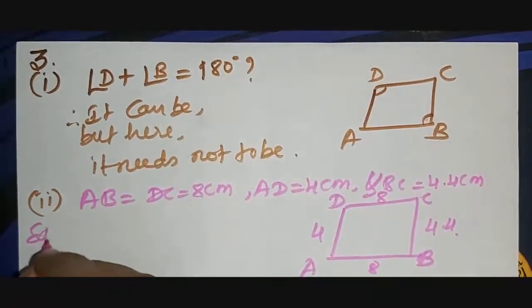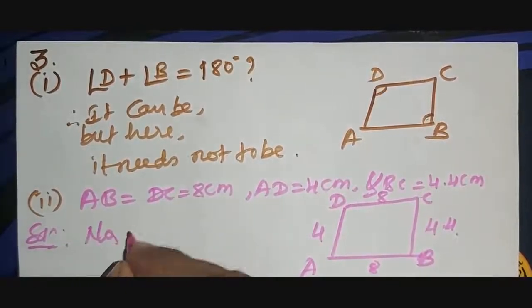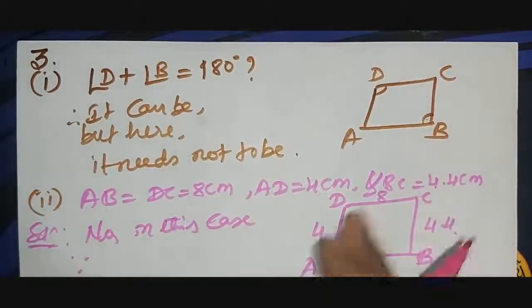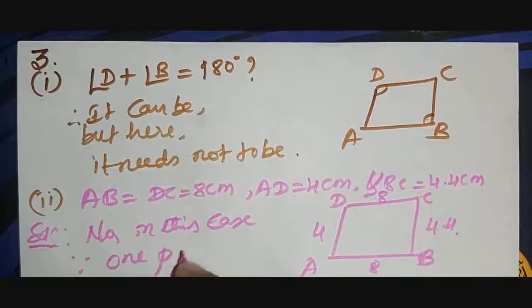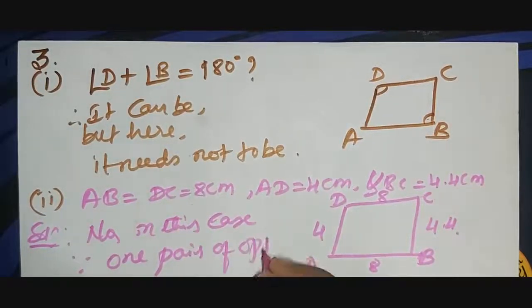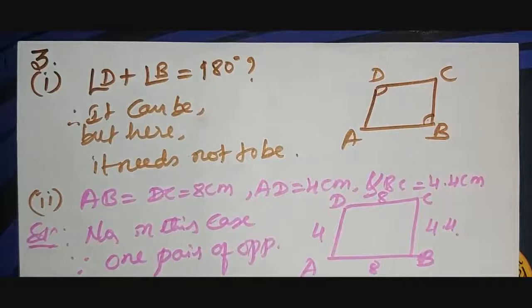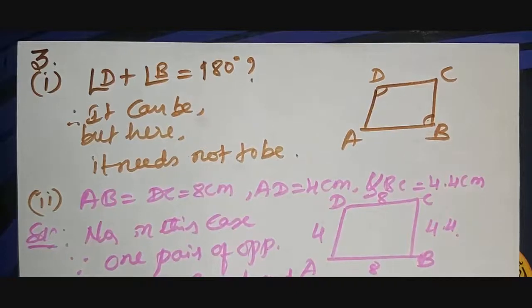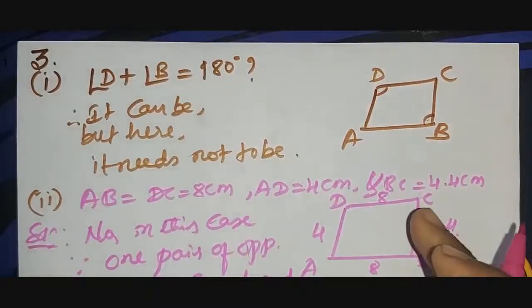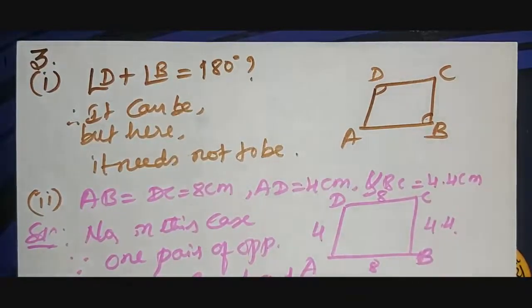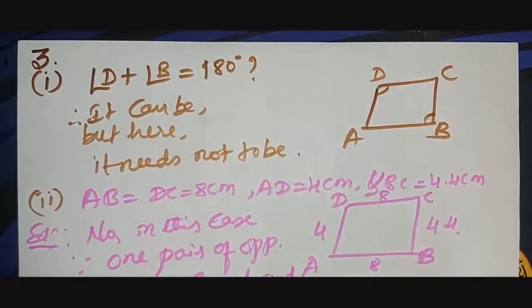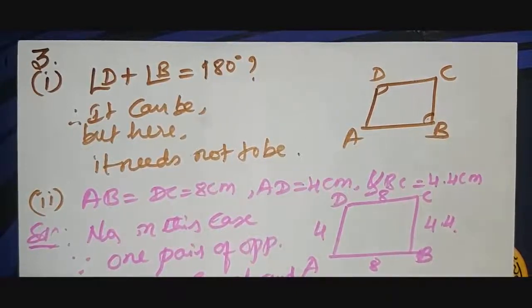So the solution to the second question is no. The answer is no in this case, because one pair of opposite sides is equal and the other pair of opposite sides is not equal, or unequal, right?